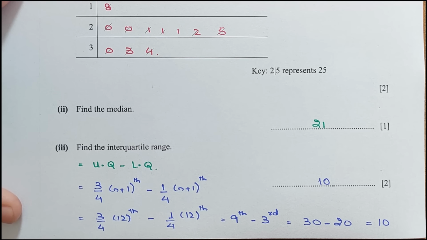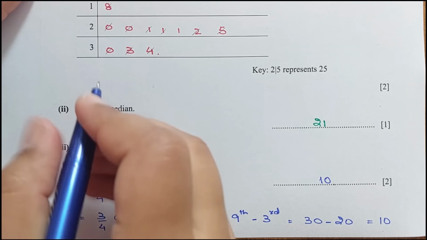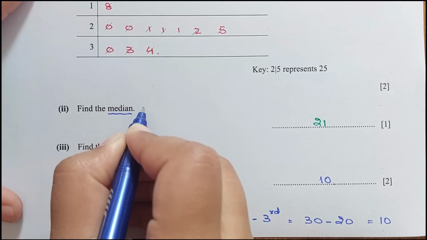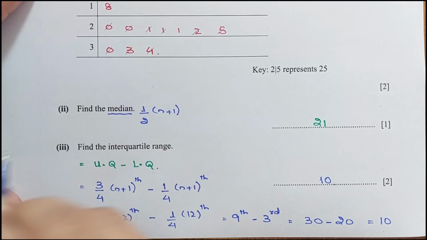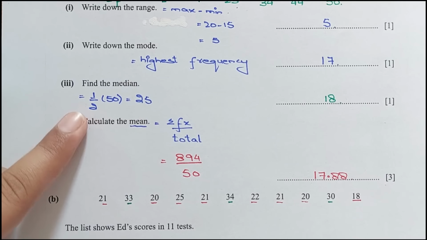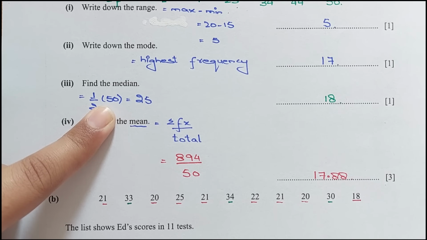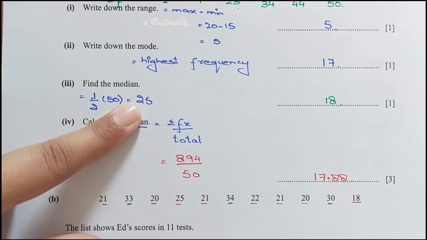And for the median, you can also use this formula, since the median is the half of the value. So half of n plus 1 you can use, because when the number of values is odd, we have to use n plus 1. When they are even, we use n. In the first part A we used half of n, half of 50, so we got the median, which is 25.